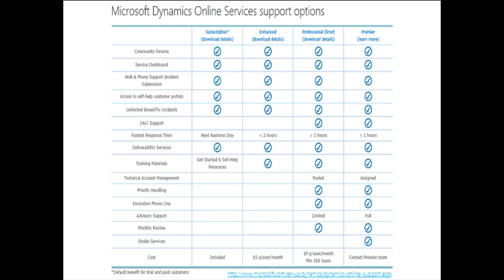Basically more enhanced support, so better response time, access to some training materials on CustomerSource, and if you go all the way up to the Premier level, you could get a dedicated Premier resource, or like an account manager that can help you out as well, get you to the right teams and so forth. So there are some different levels of support that you can purchase as well.